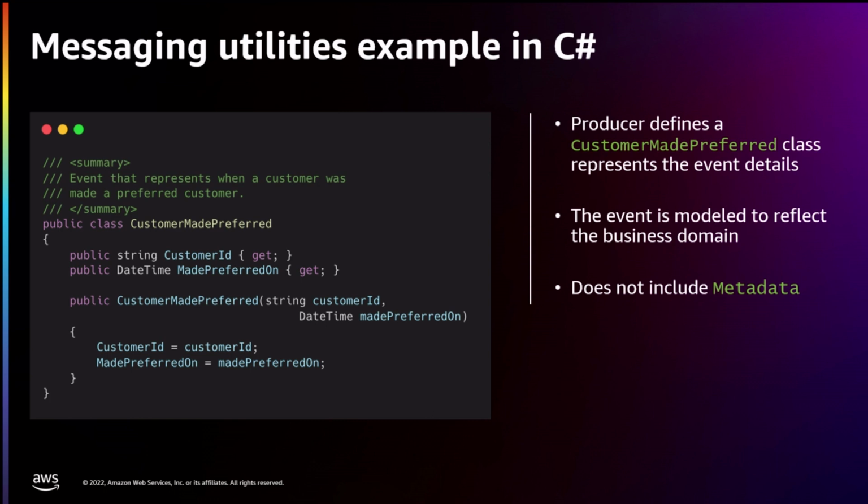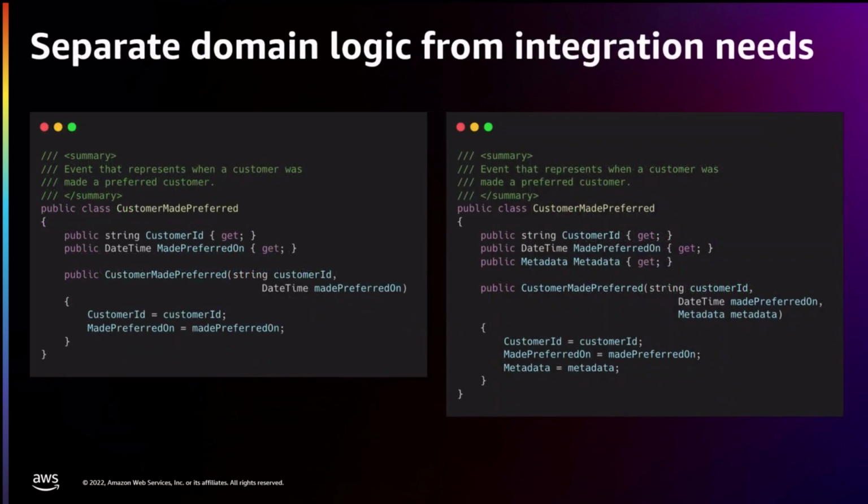Now, in this example here, which I've written in C#, we've got a customer-made-preferred event, which is a very simple event that has a customer's ID, and it also has the date and time that represents when the customer became a preferred customer. Now, note that this does not have any metadata fields attached to it or defined.